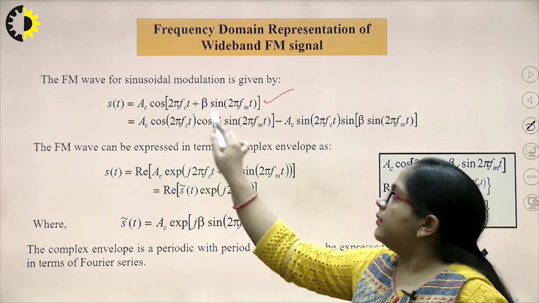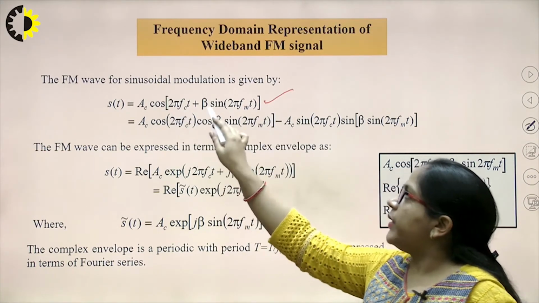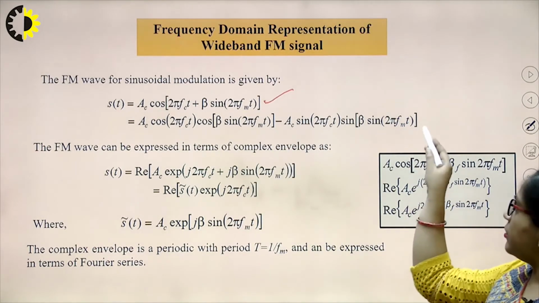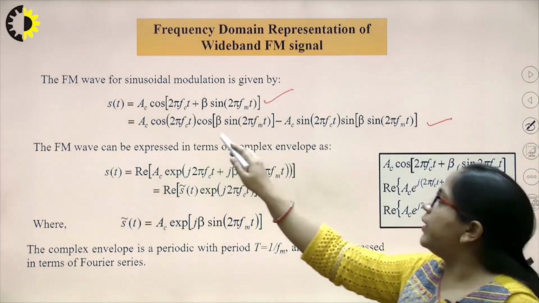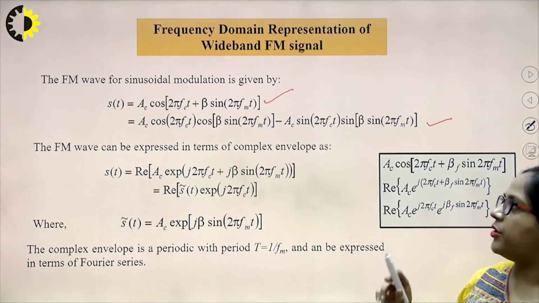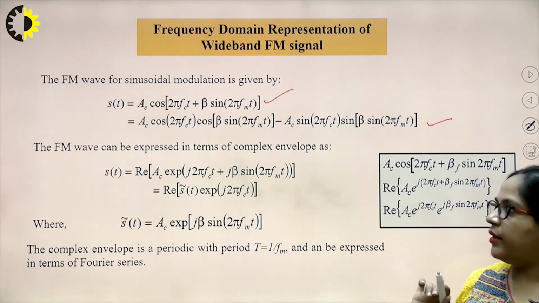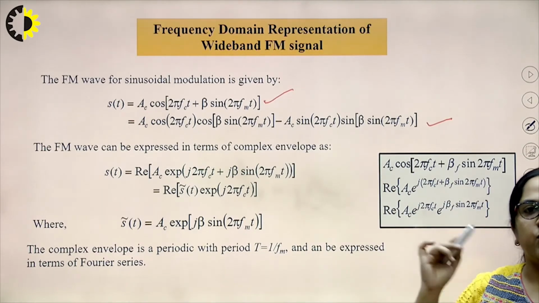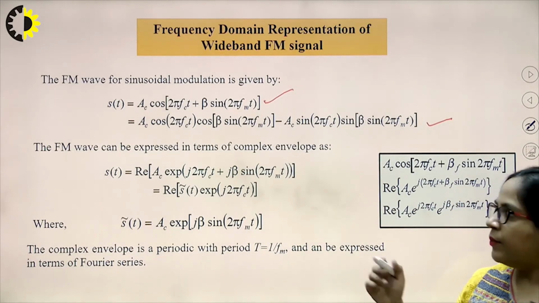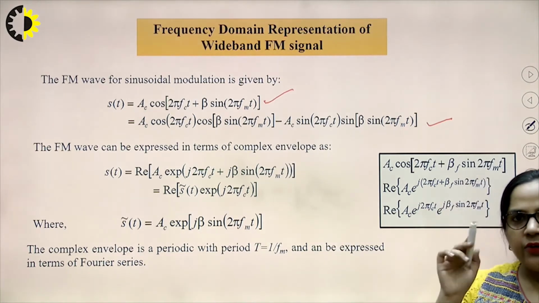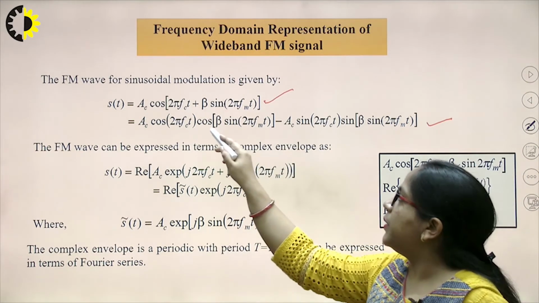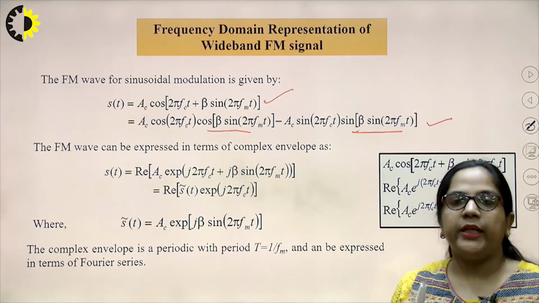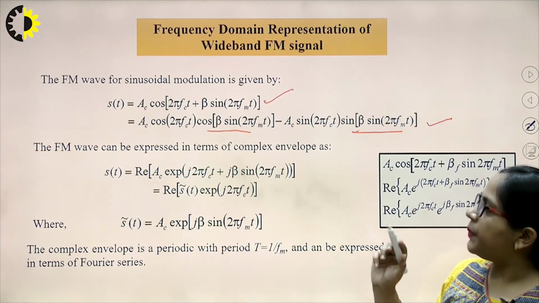Expanding this expression with the help of the cos(A + B) property, that is cos A cos B minus sin A sin B. At this point, where we are getting some beta terms in this expression, we cannot consider that this cos of angle and this sine of angle will be equal to 1 or equal to the value of theta, because in case of wideband FM the value of beta is much greater than 1. So we cannot minimize these two terms.